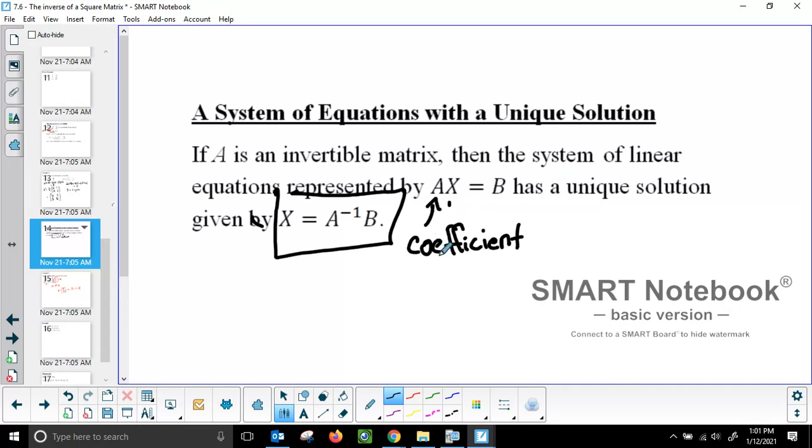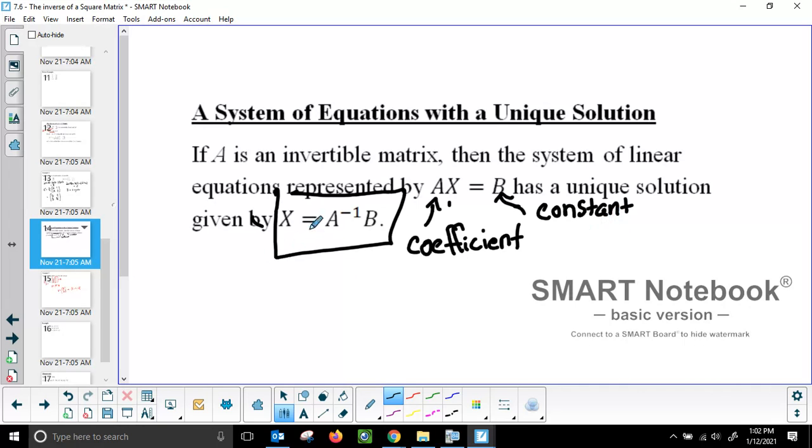All right, it's just the coefficient matrix, which is only the coefficients, so only the numbers in front of the variables. And B here is going to be the constant matrix, which is a matrix of just the constant numbers, just the regular numbers that come after the equal sign when our equations are in standard form.